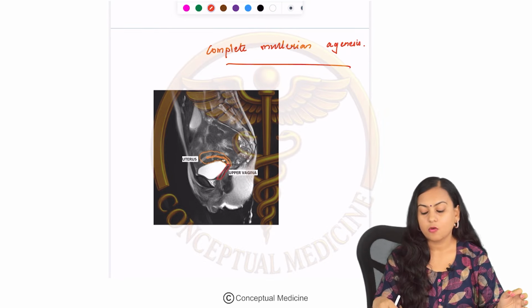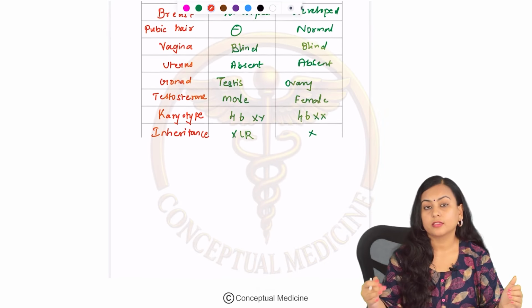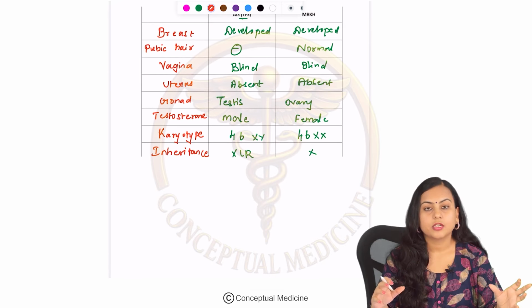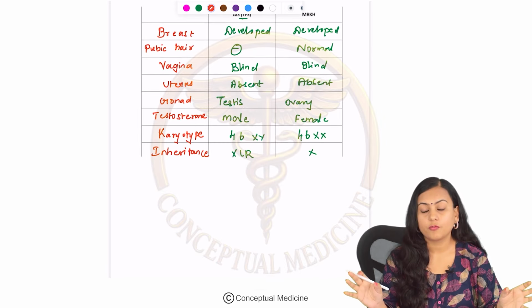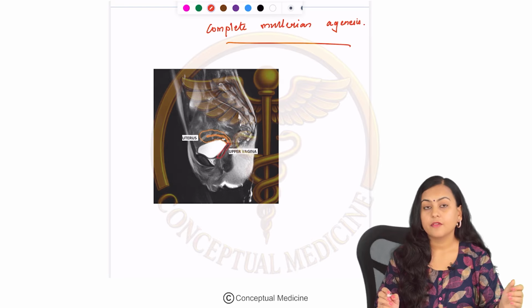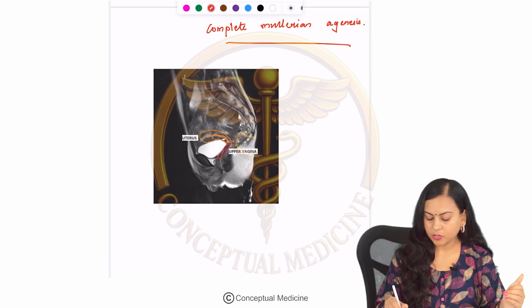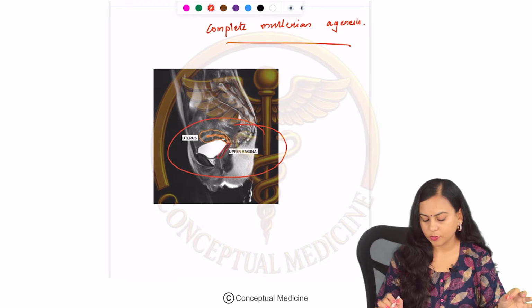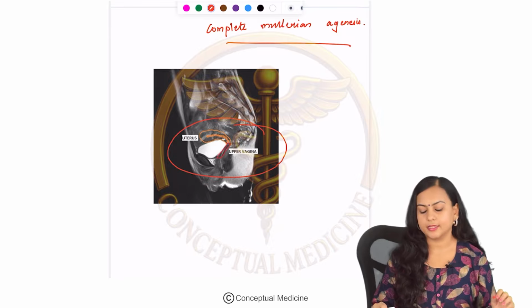Since only the lower 1/3 of the vagina is present, it will appear like a blind vagina or a vaginal pouch. They will have the ovaries present in them. When you do an investigation in them, you will be able to see such a feature, where the uterus and the upper 2/3 of the vagina are absent.